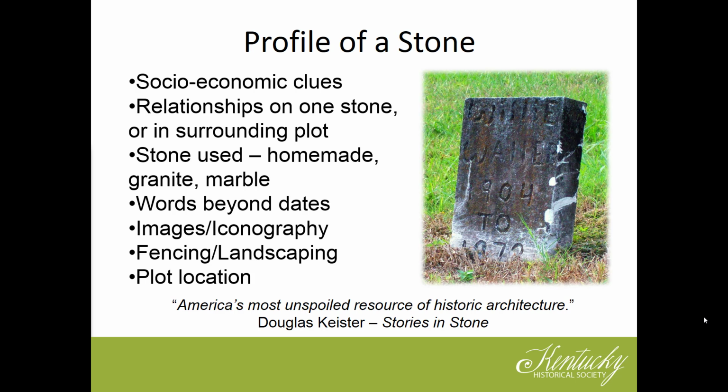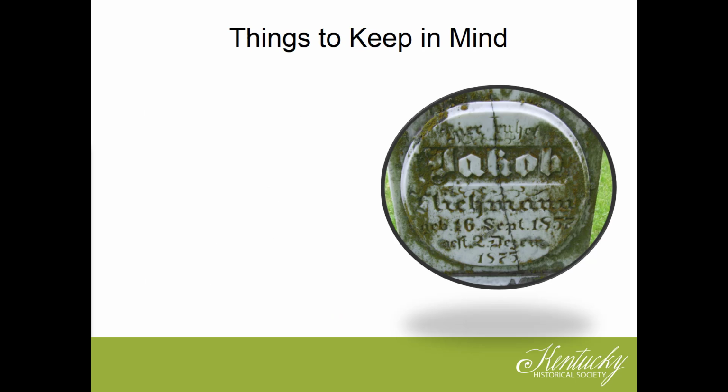They may tie you back to a fraternal organization. It may just simply express a feeling that someone wanted on a stone. And we're going to cover that, as I said, a little bit farther down in this presentation, but it's one of those favorite books of mine that I love. So, things to keep in mind.